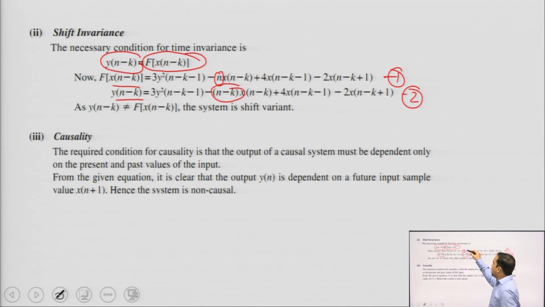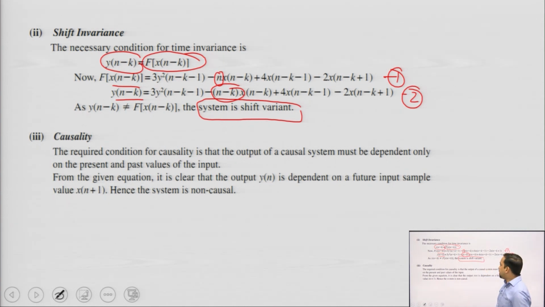Here we have n, here we have n-k. So, we can say that the left hand side and the right hand side equations are not equal. If they are not equal, then what can we say? The system is said to be shift variant. It is not an LTI system. It is a nonlinear as well as shift variant system.